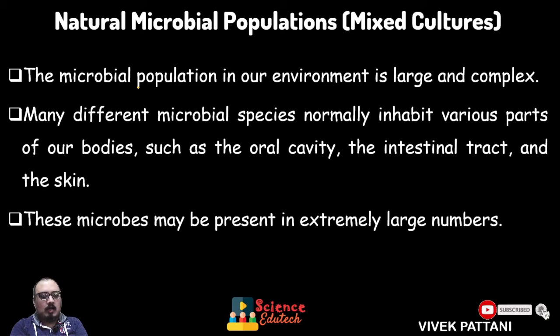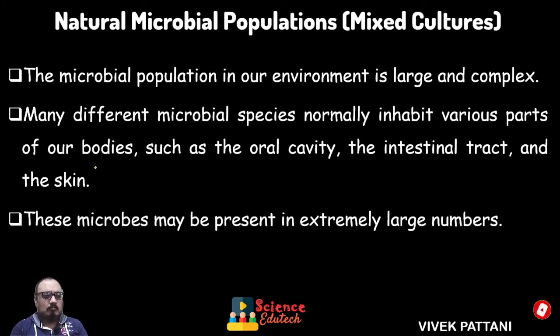As you all know, natural microbial populations in the environment are very large and complex. Large means there are very large numbers of microbes, and complex means a variety of different types of microbes, such as fungi, bacteria, protozoa, bacteriophages, numerous of them.